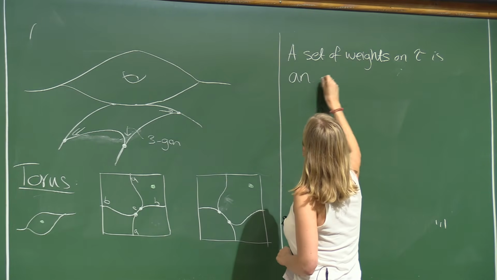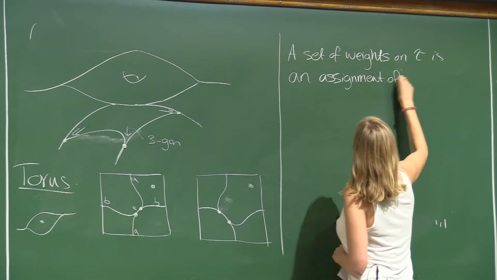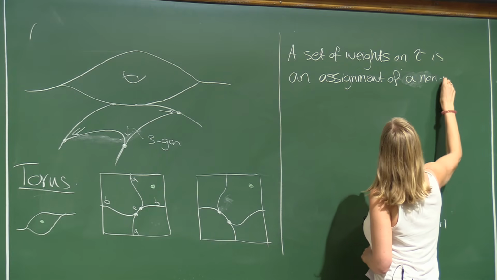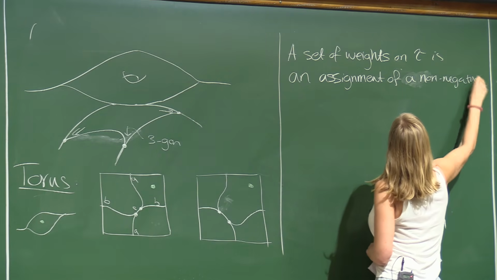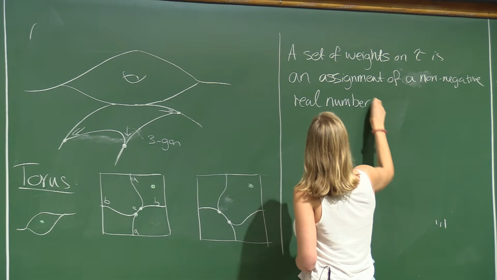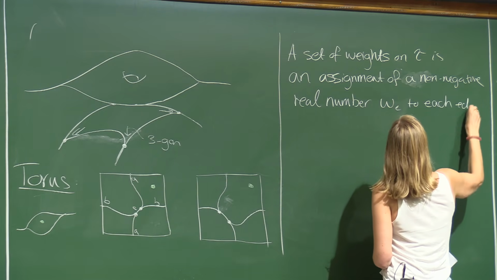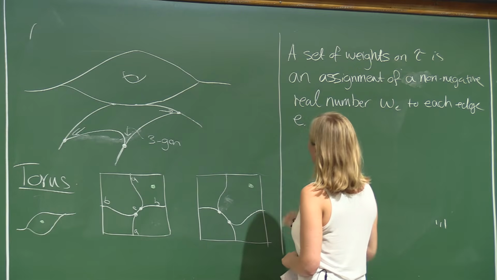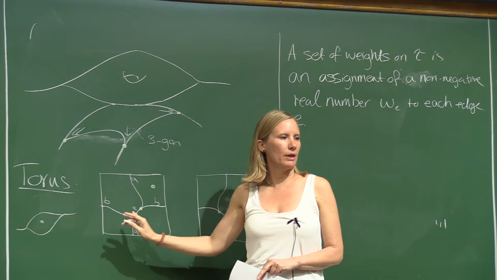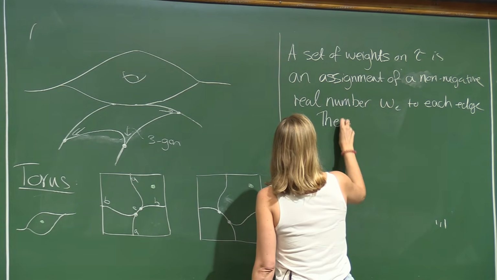A set of weights is an assignment of a positive number, or a non-negative, I guess, real number, w_E, to each edge E. So for example here, A, B, and C, if these were non-negative real numbers, this could be the weights. So we say they satisfy the switch equations.